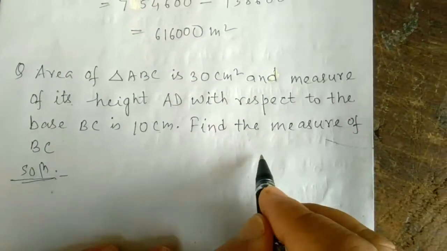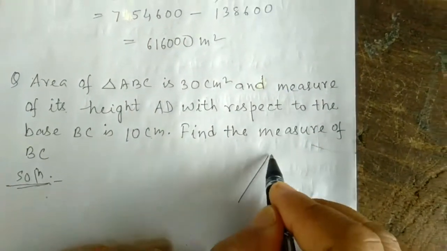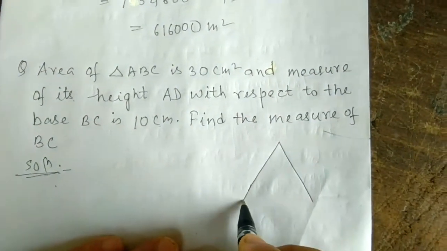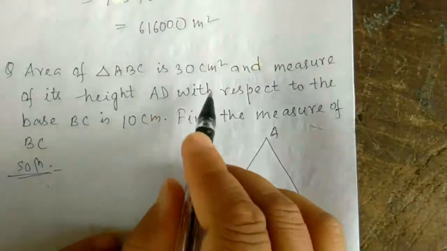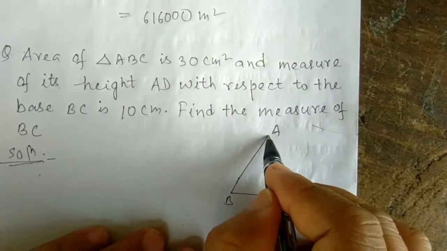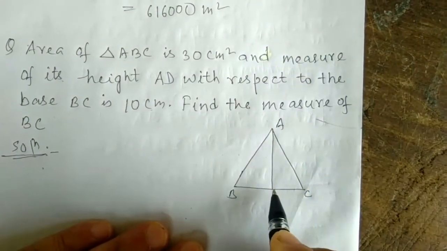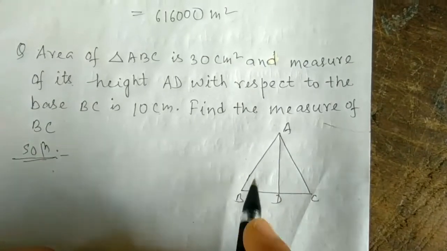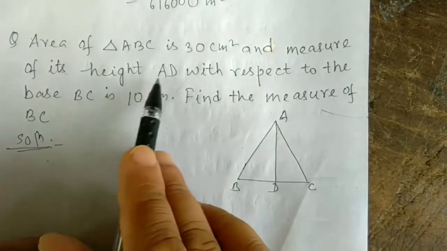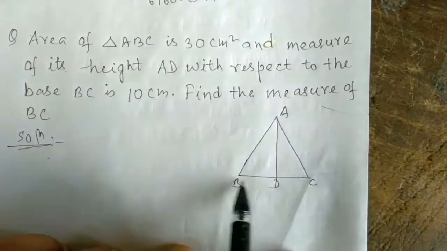Let me draw the diagram. Suppose this is the diagram of triangle ABC. It is given AD is the height, the altitude, which is 10 centimeter. You have to find BC.